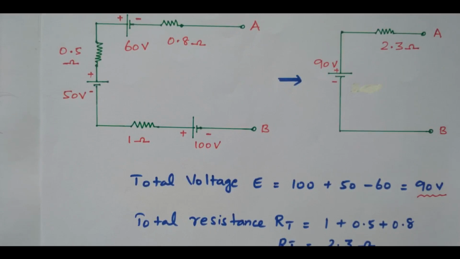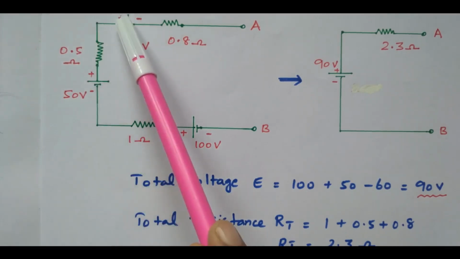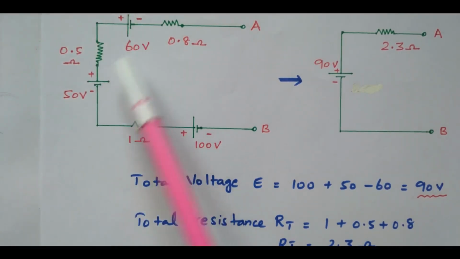So this is a problem having 3 voltage sources with 3 internal resistors that will be converted into a single voltage source and a single resistor. Right? The resistors are added as they are because they are connected in series. But while finding the total voltage, we need to see the polarity. So these two are the same polarity, but here the polarity changed. So this is subtracted. These two are added together.